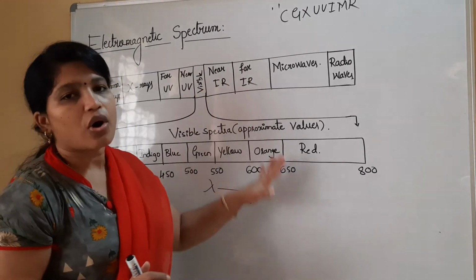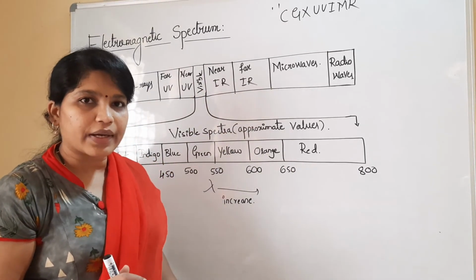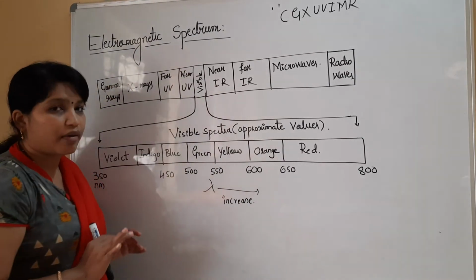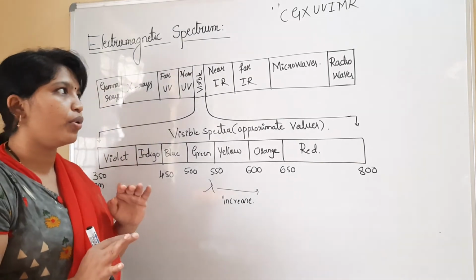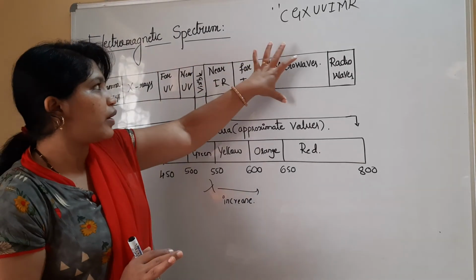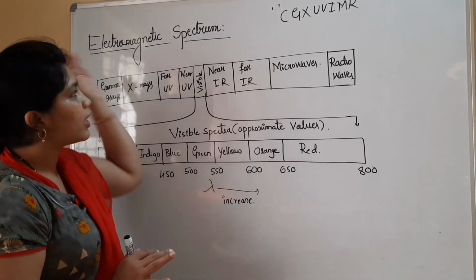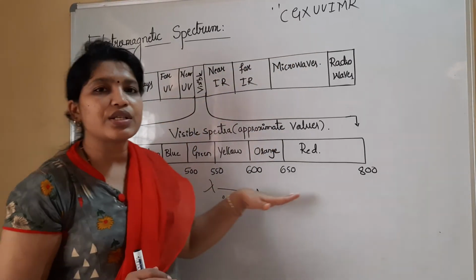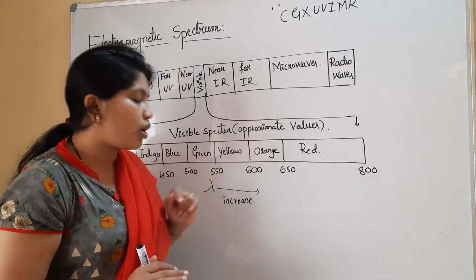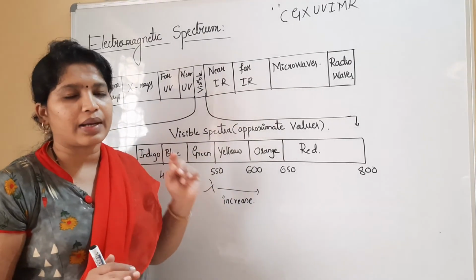So now this is all about the electromagnetic spectrum. How do we define it? They are not going to ask you the definition, but you have to know. These are different types of waves, represented in their increasing order of wavelength. They are called the electromagnetic spectrum.